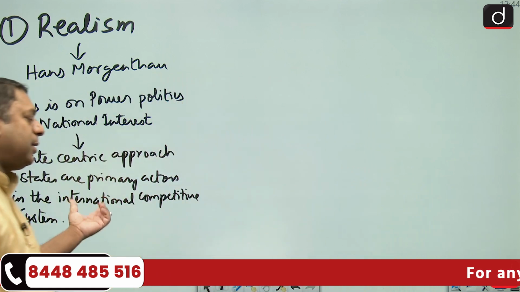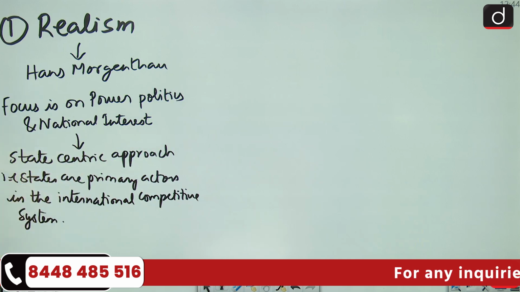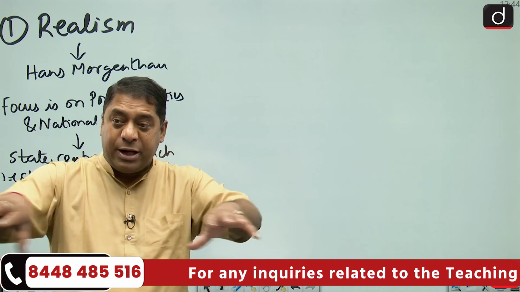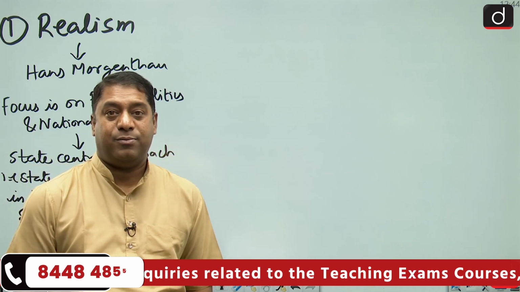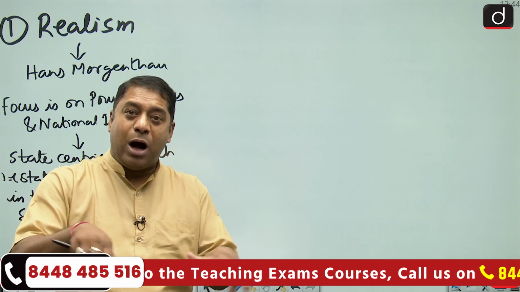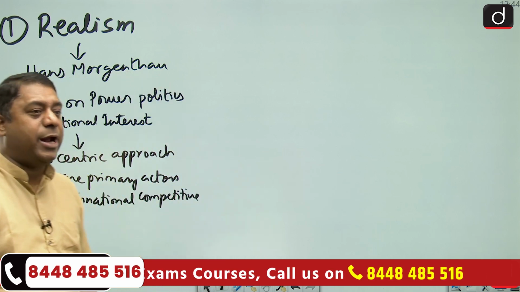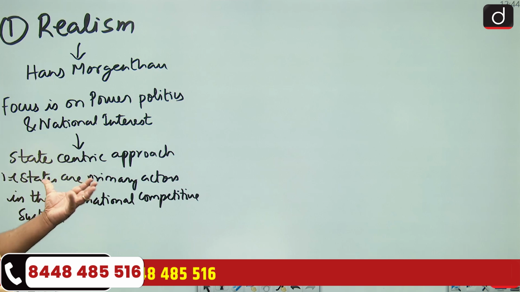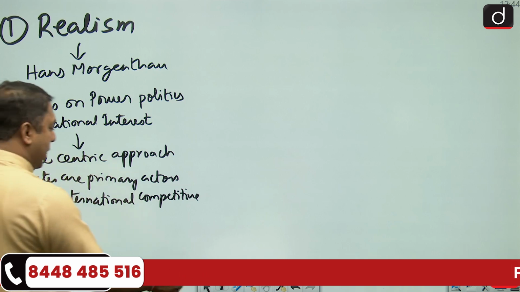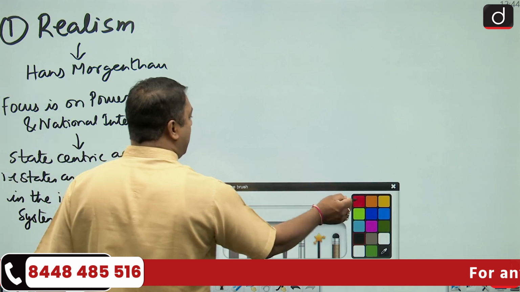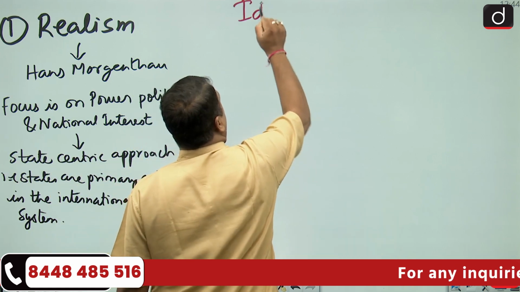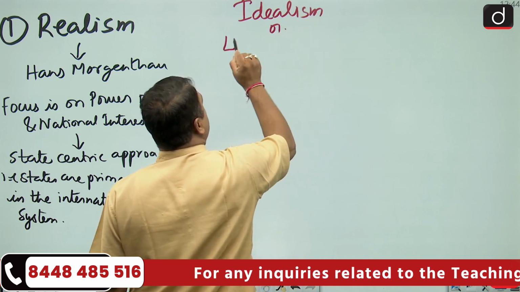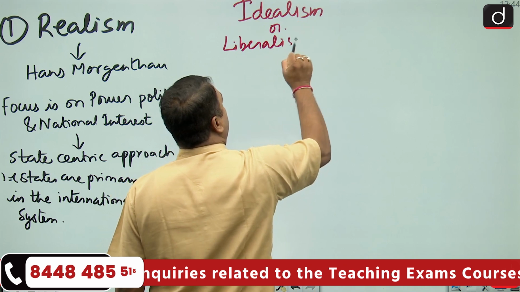यहां हम example दे सकते हैं Cold War era का, ठीक है, where US and USSR they were engaged in creating their own power blocks, है ना। तो वो लोग अपना national interest, अपना power blocks create कर रहे थे, जिसके कारण struggle हो रहा था power के लिए, for global influence and all. तो ये realism है. Then the next one is idealism, and you can call it as liberalism.